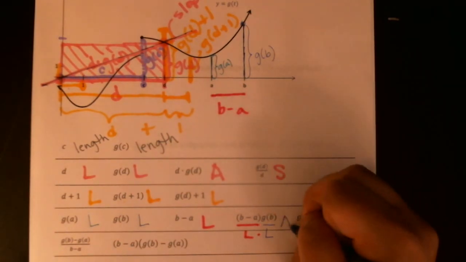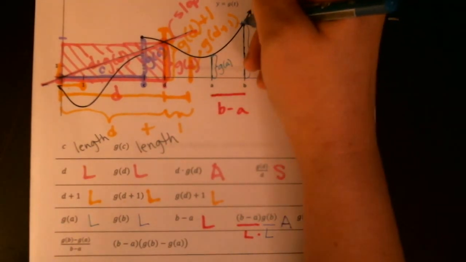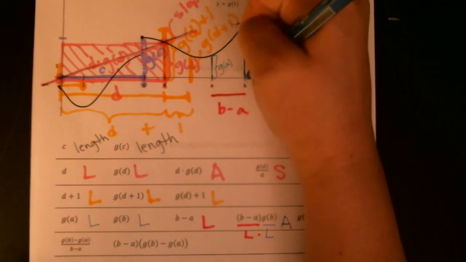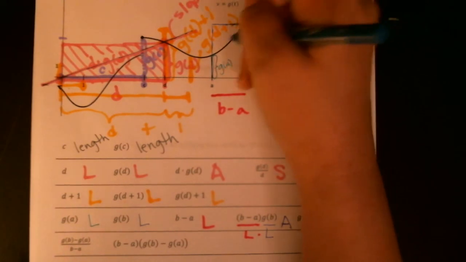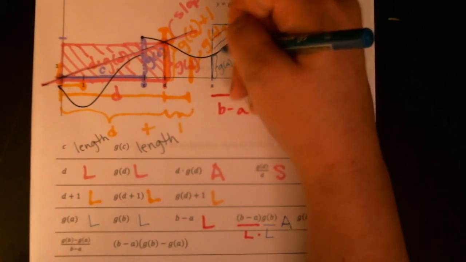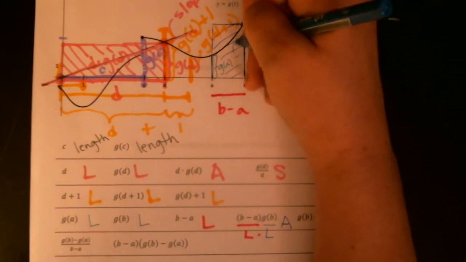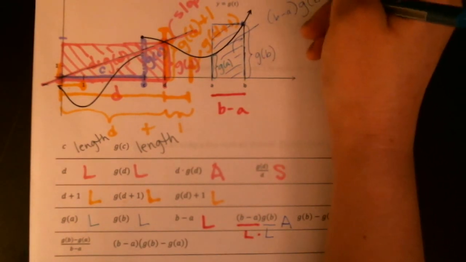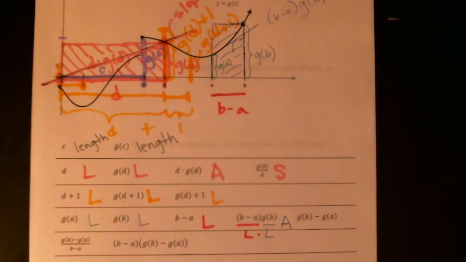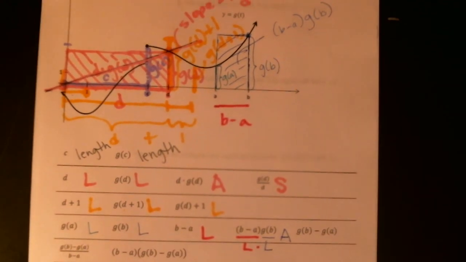So here we'll just use blue for this one. And it's the area of the rectangle with base B minus A and height G of B. So this one has area B minus A times G of B.